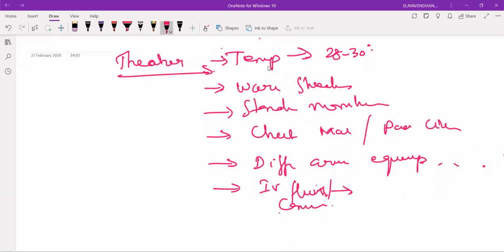So, what will be the fluid requirement of this kid? According to Holliday-Segar formula, sir. This is a 4 kg child. I would go for 40 ml per hour, sir. 40 ml per hour. Are you sure?